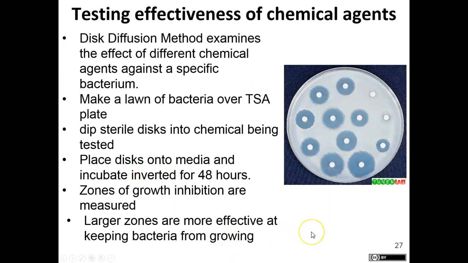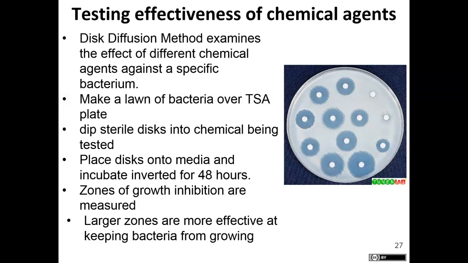Another mechanism to test multiple chemicals is known as a disc diffusion test. In this test, you're going to take a medium of either tryptic soy agar, or you can use Mueller-Hinton agar if you're testing antibiotics. You then take sterile discs and dip them into the chemicals that you're trying to test, right?